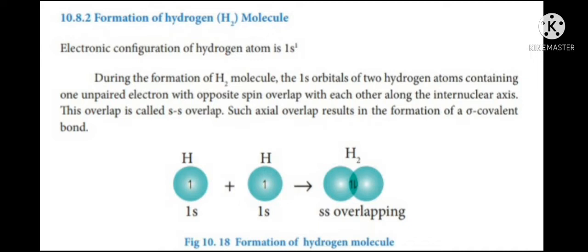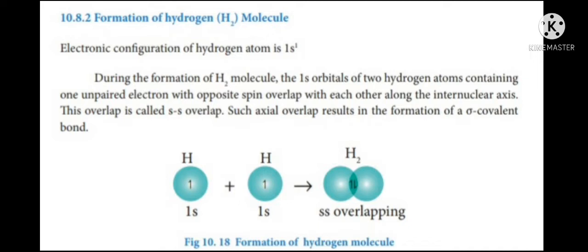Hence, the 1s orbitals of two hydrogen atoms, each containing one unpaired electron with the opposite spin, overlap with each other along the internuclear axis. Hence, overlapping takes place between s orbital and s orbital. Therefore, this type of overlap is called ss overlap.